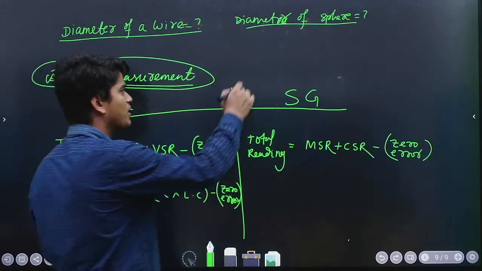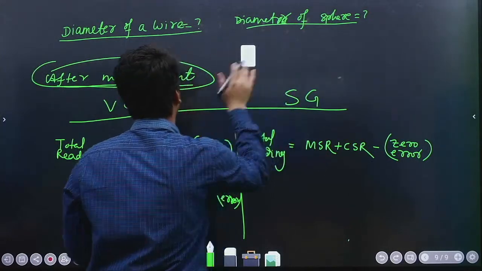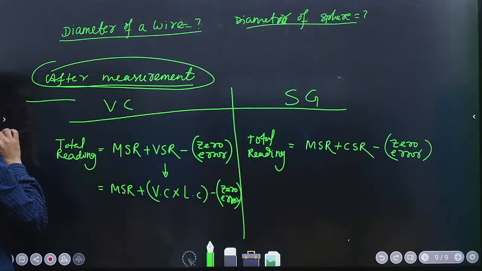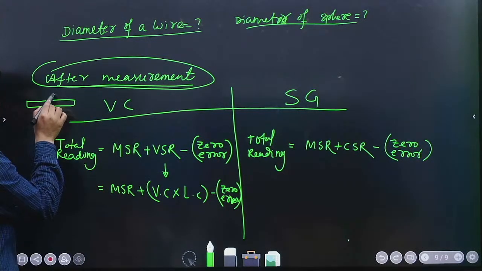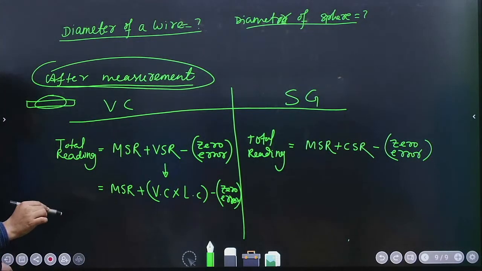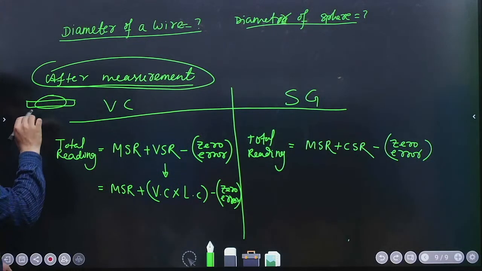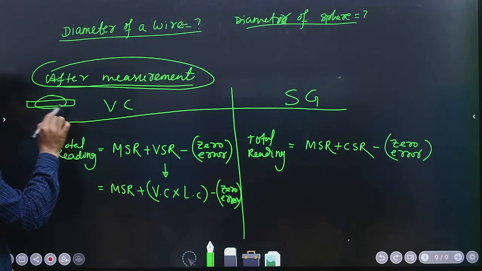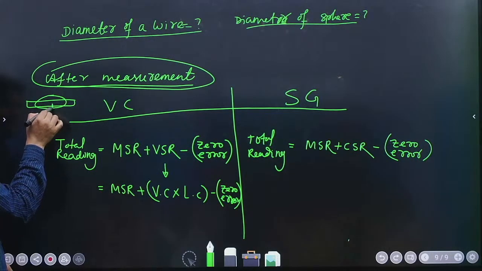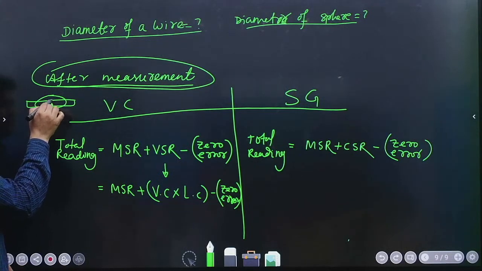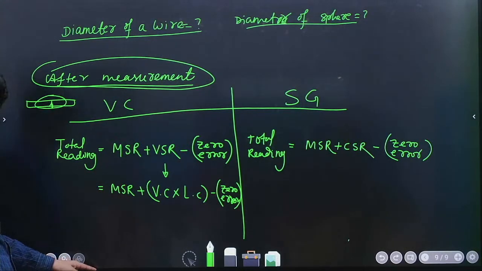See here, you have two scales for a vernier, right? One is the main scale, one is the vernier scale, in a vernier caliper. So what is happening here? One division of the vernier scale can match with one division of the main scale.